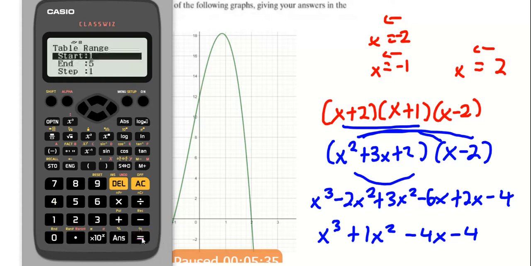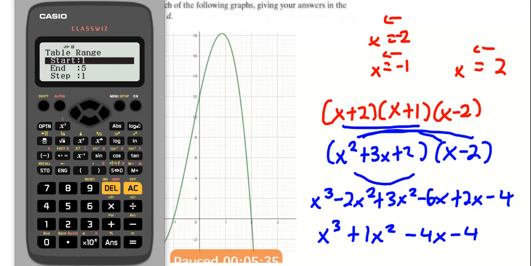Okay, and those do it like from, see your graph is like, we go from minus 2 to 3. Just check those numbers. That can be the start and the end of the range. Step 1.